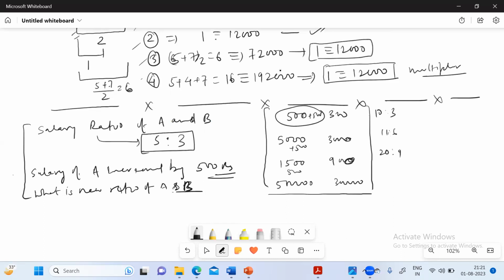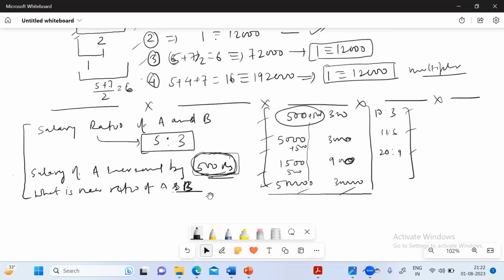So every time, with a different value of A and B, we are getting different ratios. You cannot exactly tell what the new ratio will be, because we are not sure of the values of A and B.